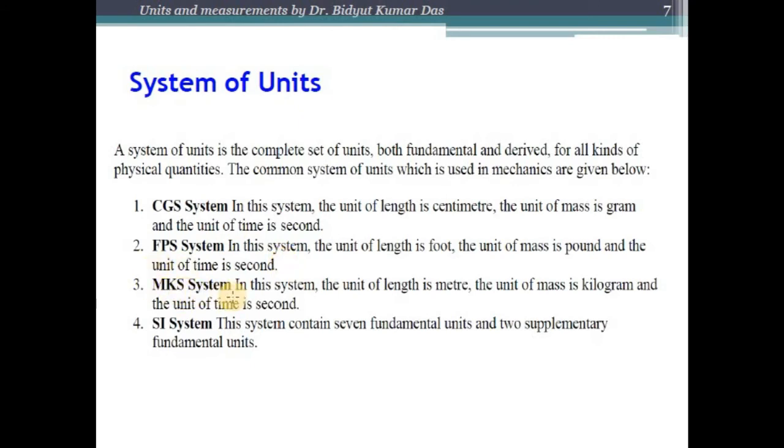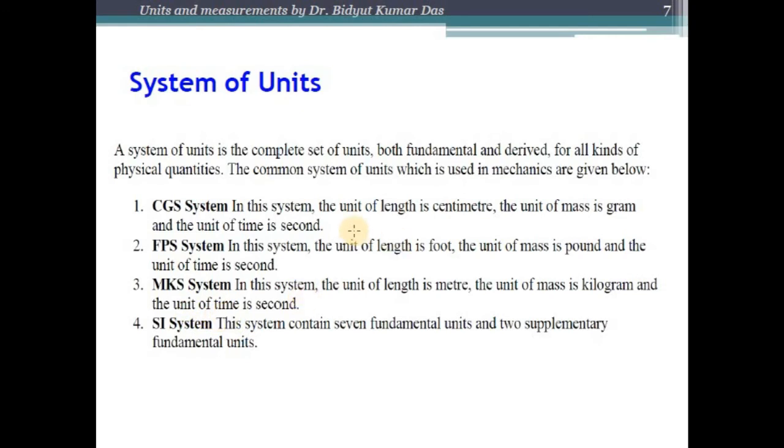Similarly, in the MKS system, length is expressed in meters, mass in kilograms, and time in seconds. The SI system contains 7 fundamental units and 2 supplementary fundamental units. Basically, the units in the MKS and SI systems are almost similar.